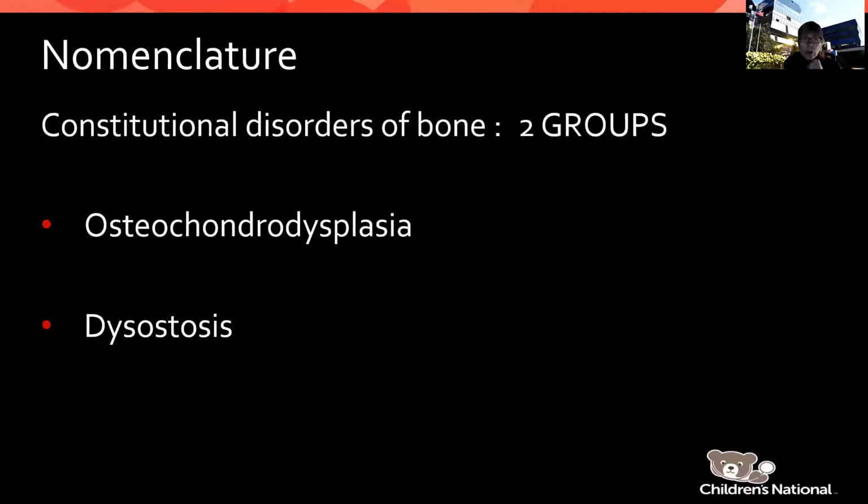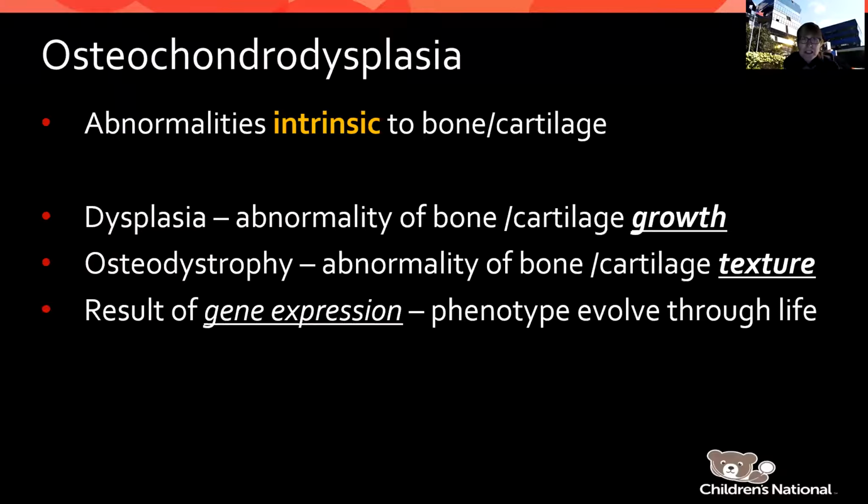We'll look at the osteochondrodysplasias and dystostoses, and just to remind you that with the chondrodysplasias, it's an intrinsic abnormality. So they tend to affect all the bones, though some of the bones are more affected than others. The most important thing to remember is that over time, the skeletal surveys can change.